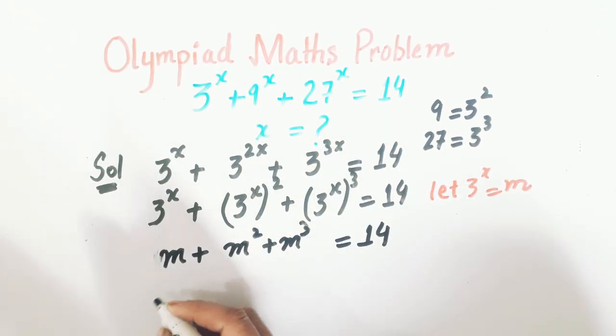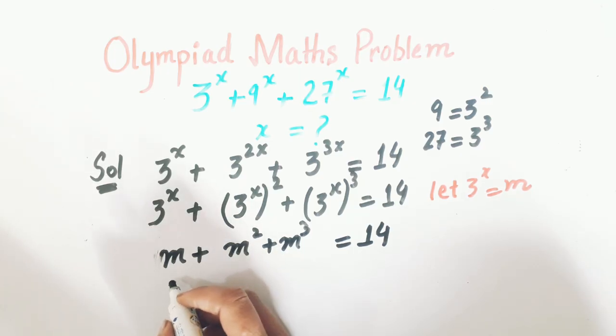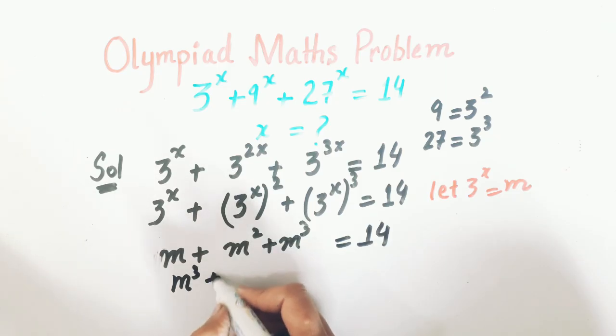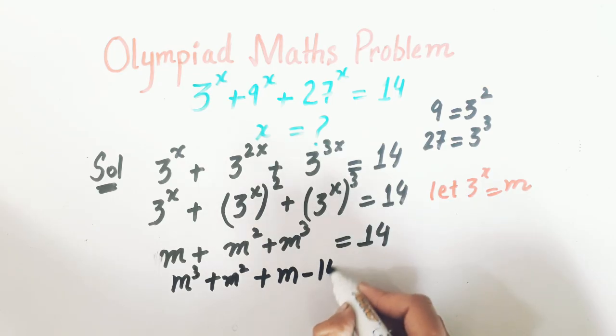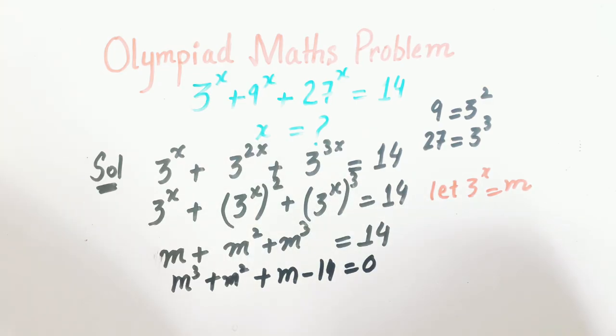Now this equation will become m cube plus m square plus m minus 14 equals 0.